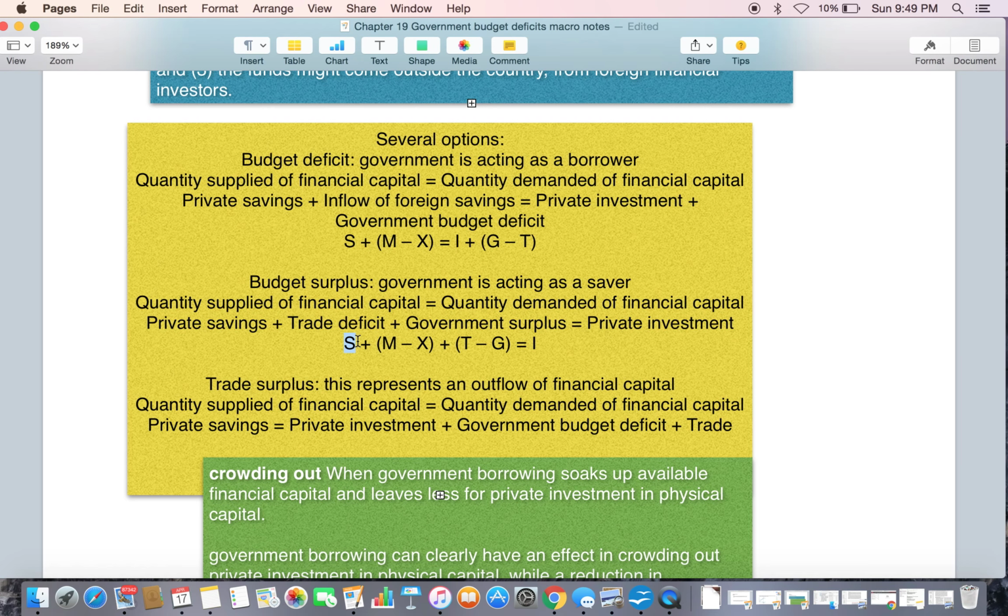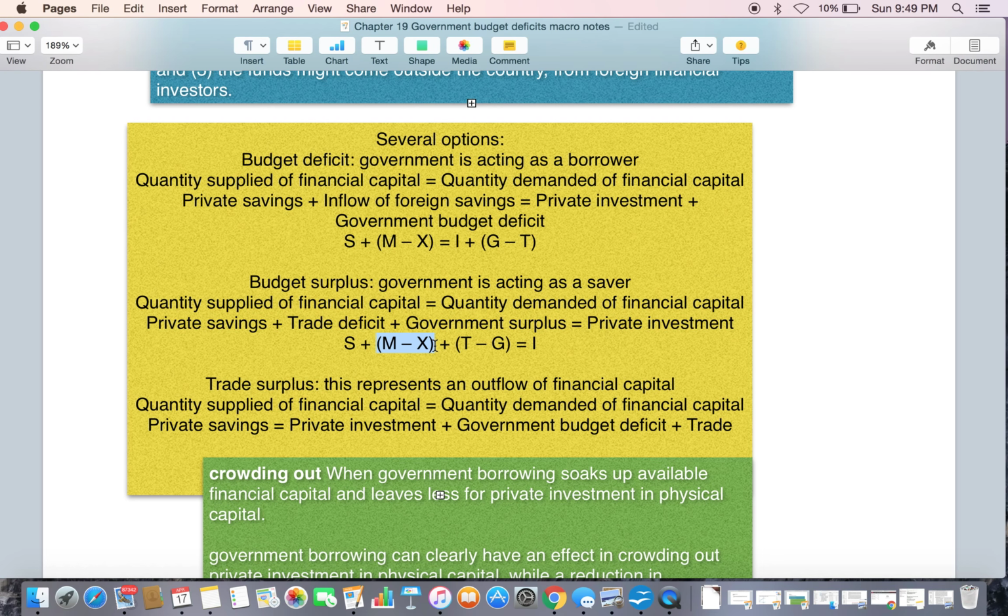If we have a trade deficit, this would represent an inflow of foreign investment. So M minus X would be positive here as we're importing more than we're exporting. And now the government is also going to be able to supply financial capital. And this is represented by the fact that our tax revenues are now greater than our government expenditures.